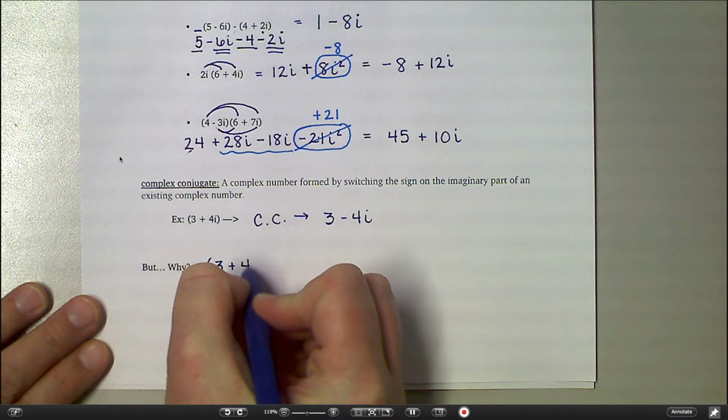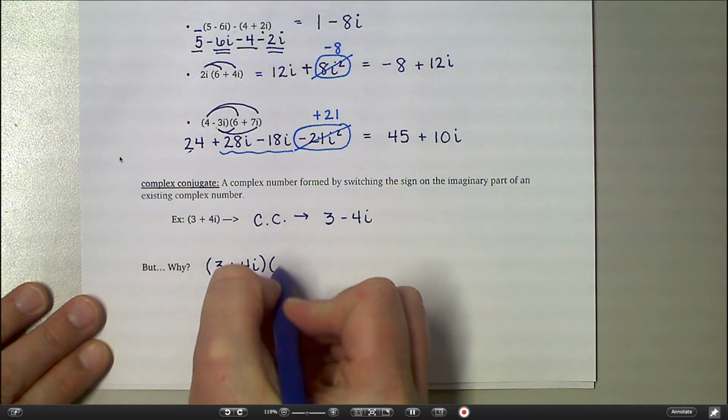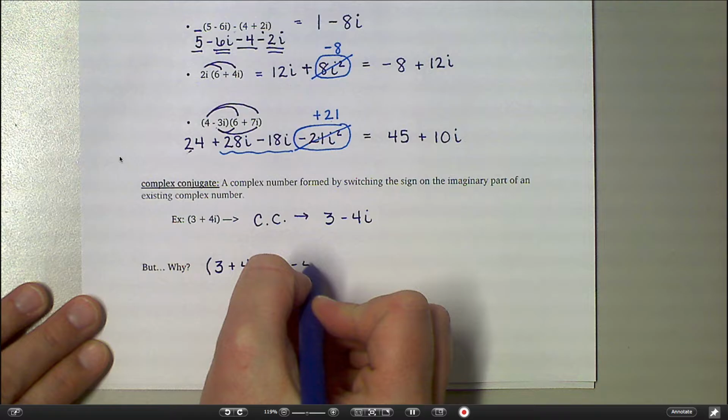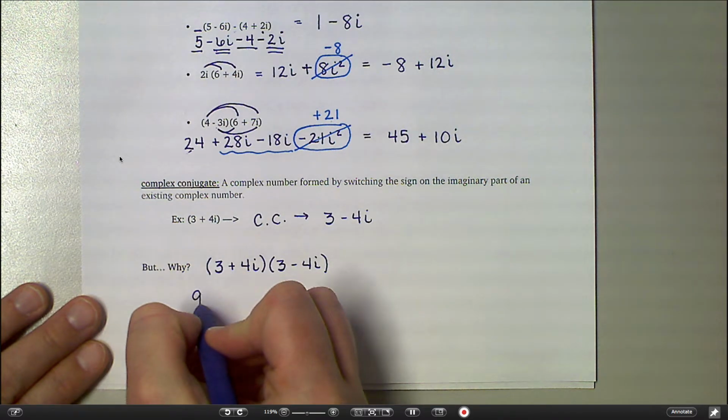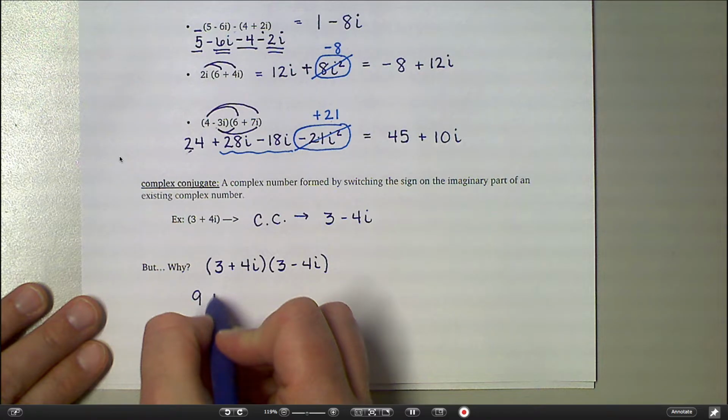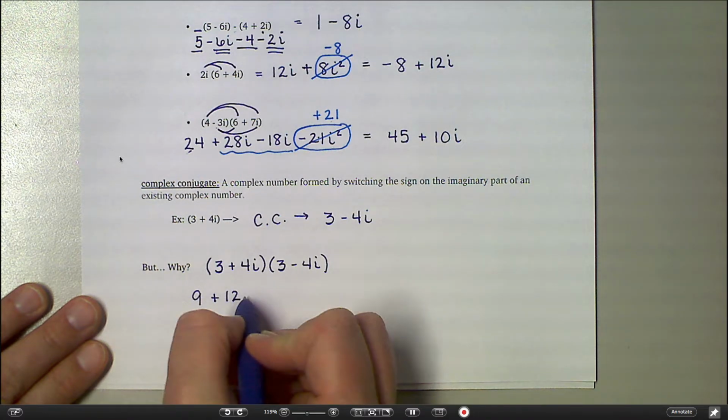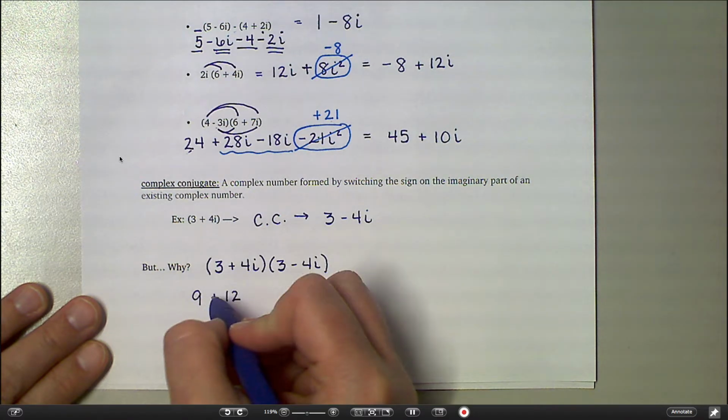So I have 3 plus 4i, 3 minus 4i. When I multiply this out, I get 9 plus 12i. Oh, I'm sorry. That should be a minus 12i.